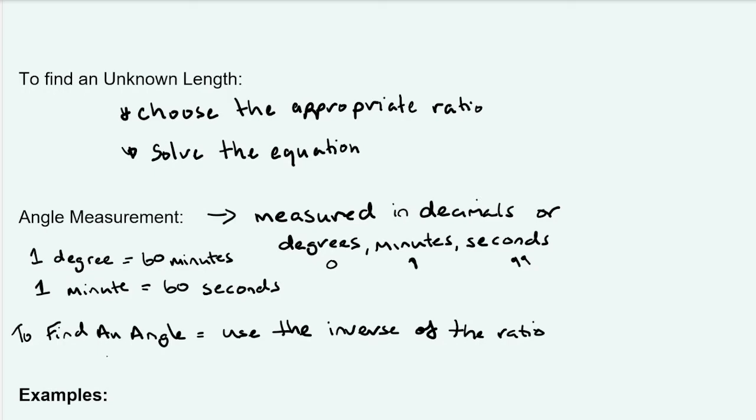For length it would be sine theta equals O over H. For the angle, we would go sine minus 1 of O over H equals theta. So we use the opposite way of doing things. We call it the inverse. Let's check out a few examples and see how it works.